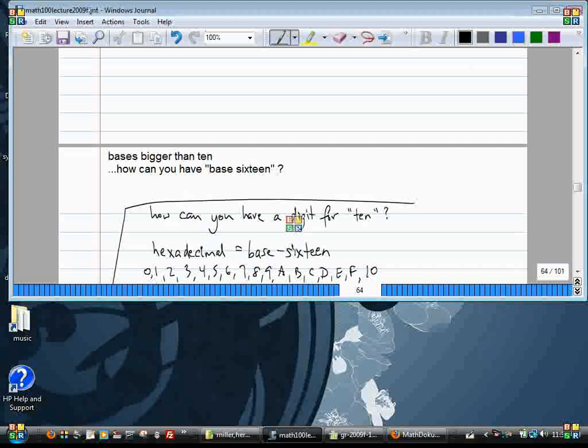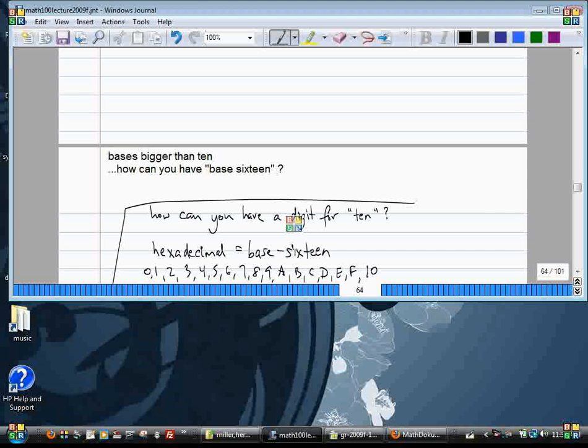Because once you get to F, what is the next number? Right, 16, but in base 16, how do you write that? 10. No, this is 10 written in base 16. Remember, all these numbers written here are written in base 16.